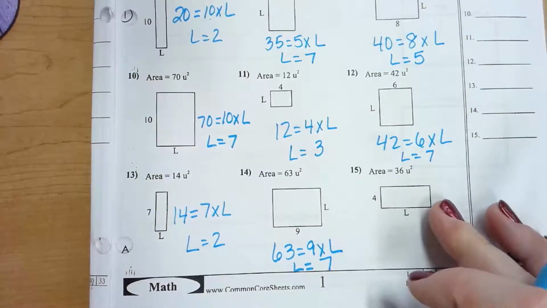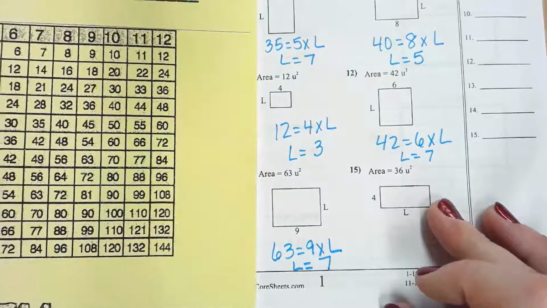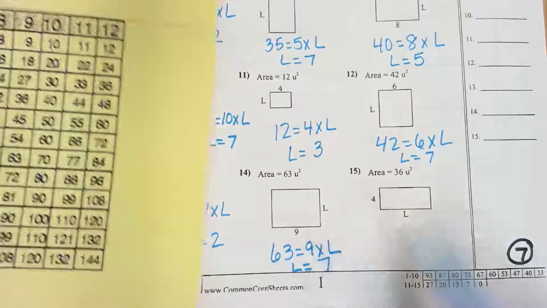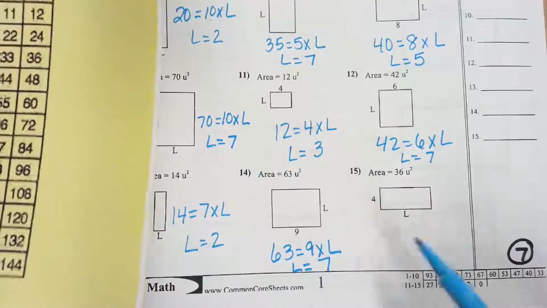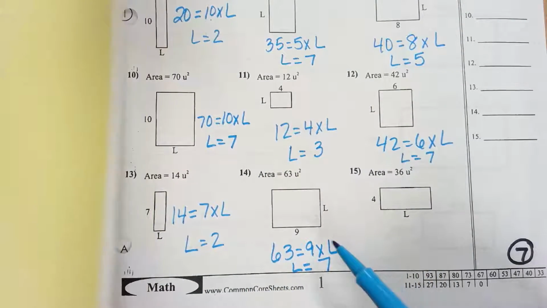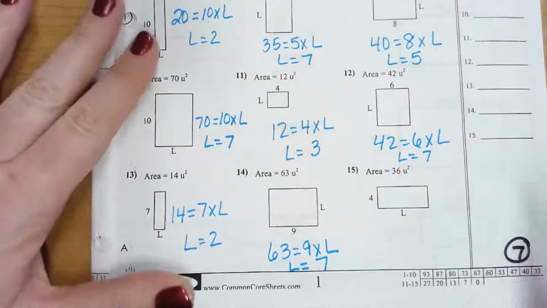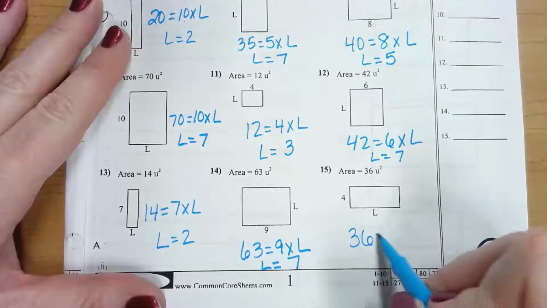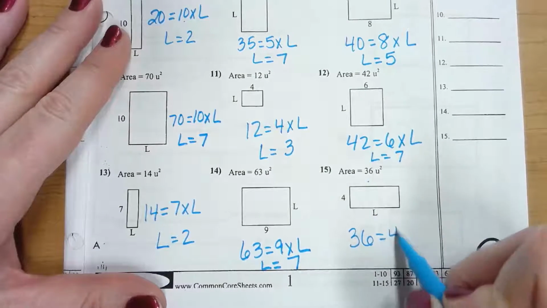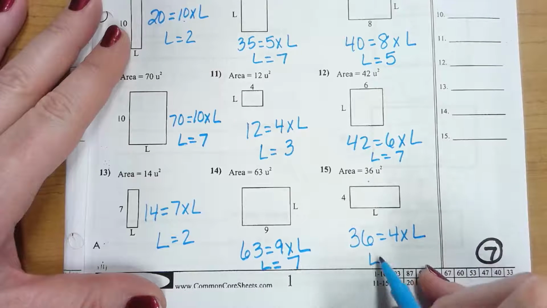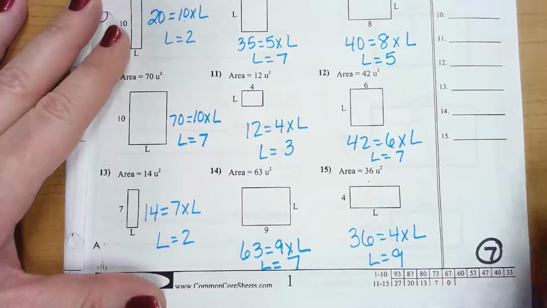And remember, use your multiplication chart if you're not sure. These should be getting memorized. These are facts that should be memorized in 4th grade. But if you're not sure, make sure that you use your chart. And the last one, 36 equals 4 times L. L in this case would be 9.